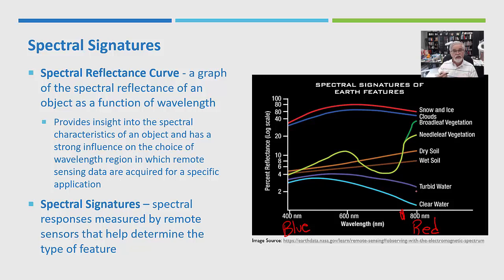To the level of identification that we can, by looking with Landsat data, we can determine if this field is corn, or if it's soybeans, or if it's wheat. So just by looking at the spectral signatures, you can make those determinations. Is it water, or is it asphalt pavement? Again, by looking at the spectral signatures, you can determine what the substance is that you're getting the reflected energy from.